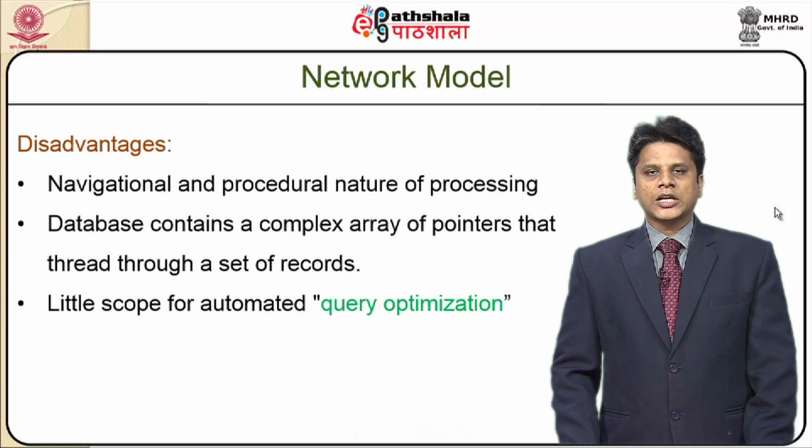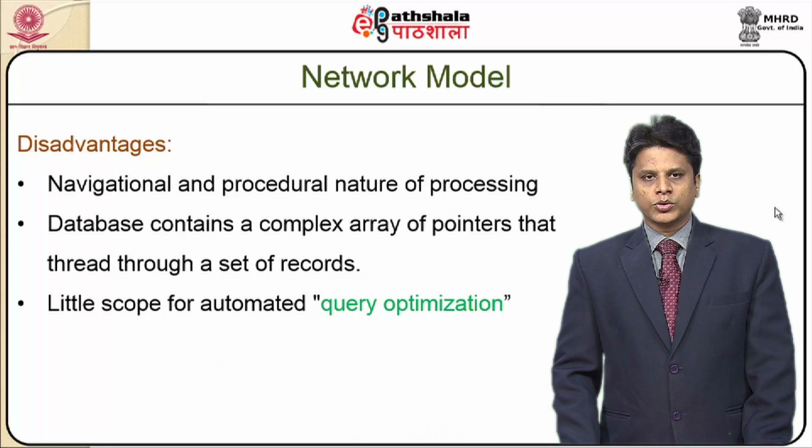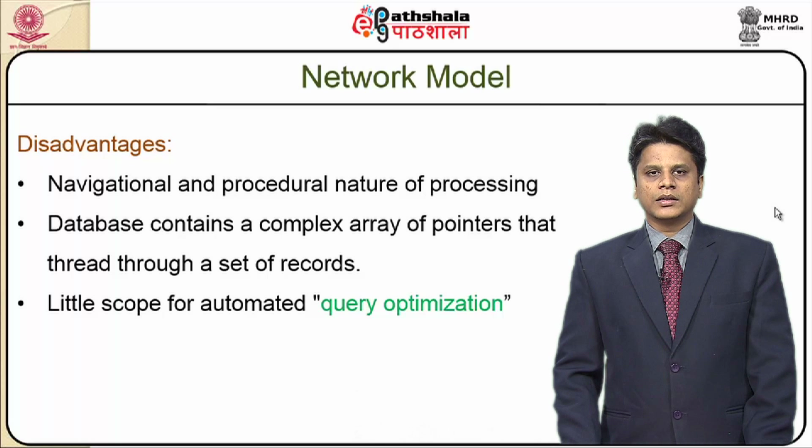Some of the major disadvantages that this network model will go through is the navigational and procedural nature of processing. The database contains a complex array of pointers that thread through a set of records, and this has very little scope for automated query optimization.